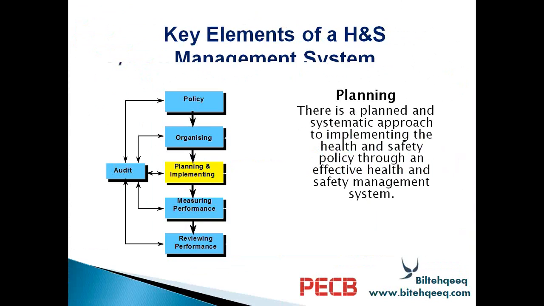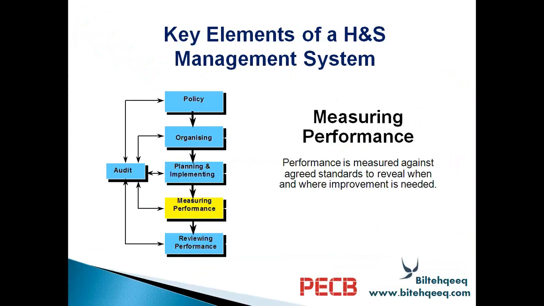And the next element is measuring performance. In this element, performance is measured against agreed standards to reveal when and where improvement is needed. So we measure and compare the actual performance with the set standards, and we see if there is any deviation.